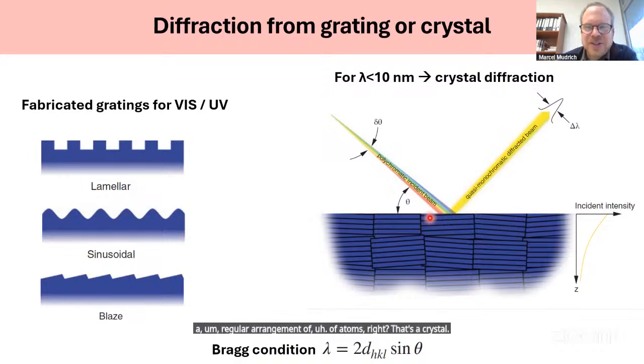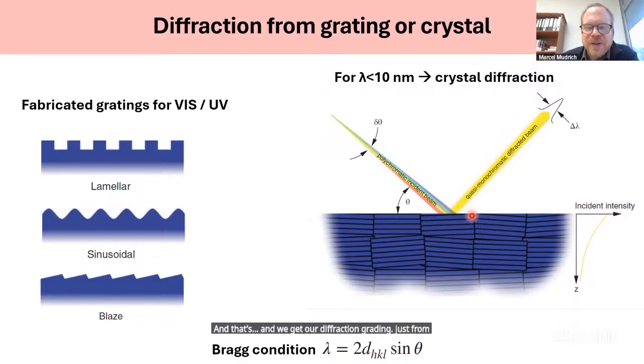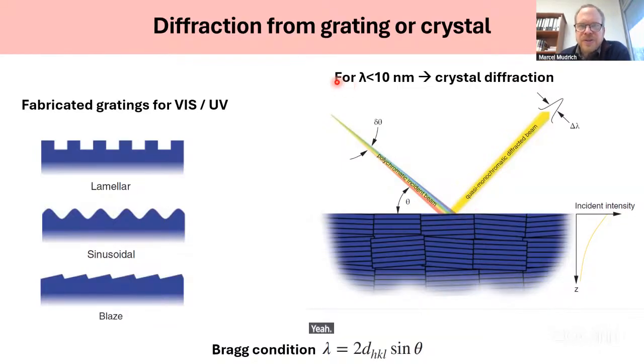So we can just use ideally a single crystal, a perfect crystal made up of single atoms, and we get our diffraction grating just from the periodic structure of any crystal.